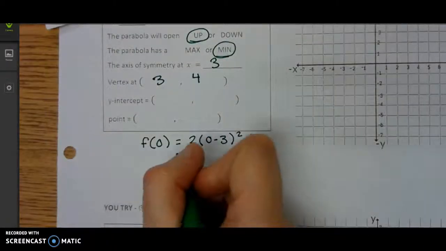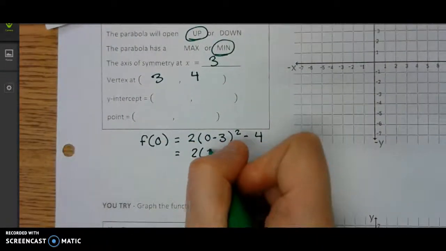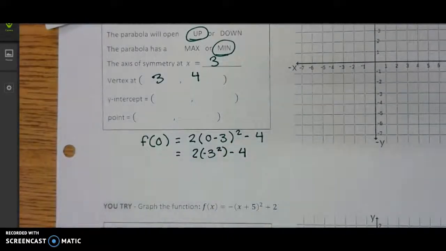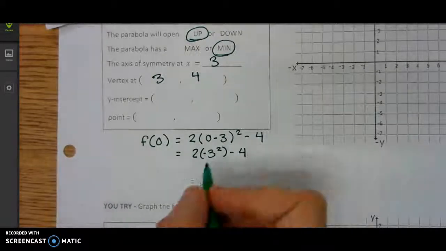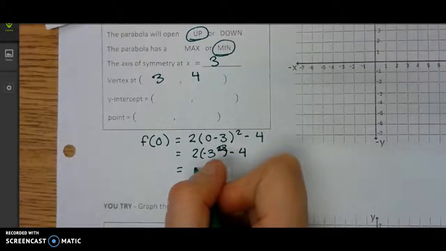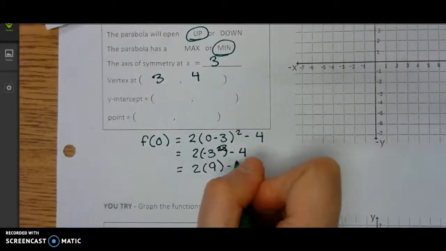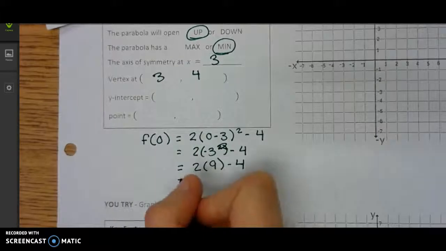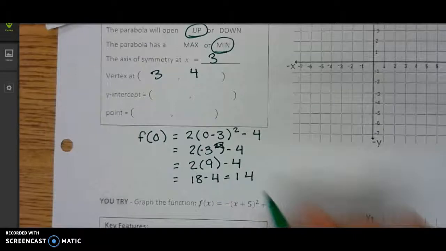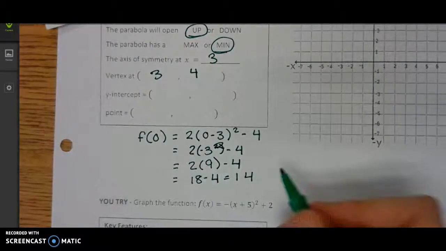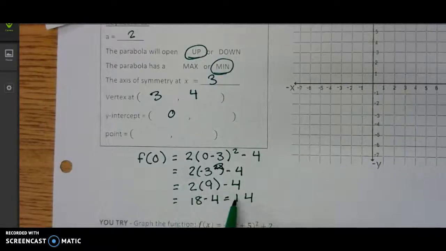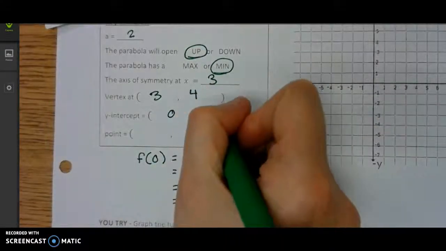Let's rewrite that. Negative 3 squared is going to be a positive, so I'm going to get 2 times 9 minus 4. I'm going to get 18 minus 4, which is 14. So my x is always 0 for the y-intercept, that's why I plugged it in here.